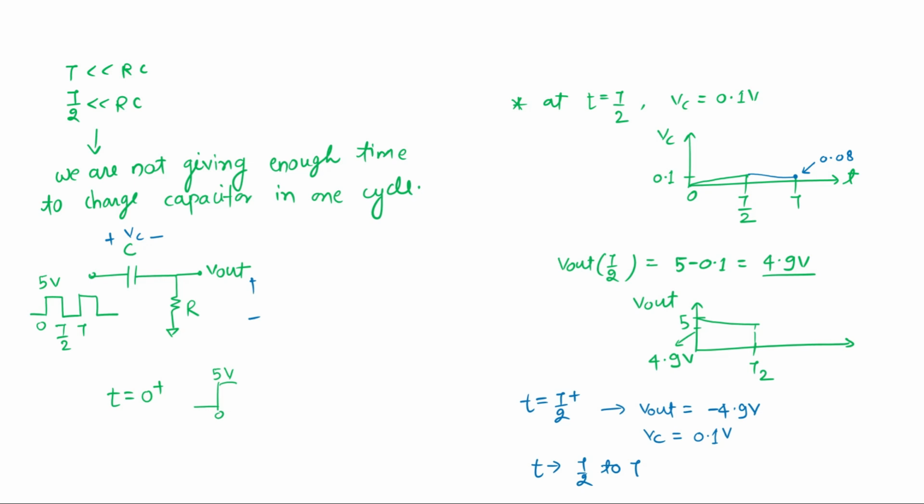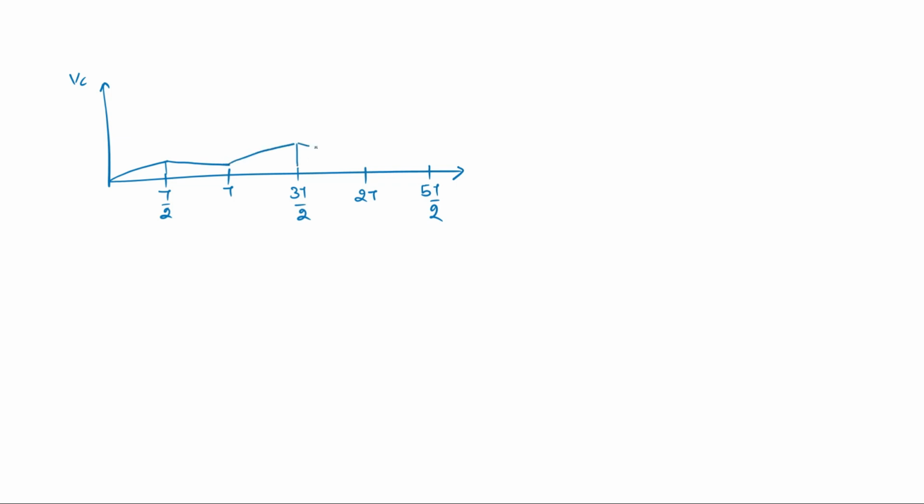So when you repeat the analysis for a long time, I'm giving some rough numbers for VC. Let this be T/2, T, 3T/2, 2T, 5T/2, and so on. Let my capacitor reach 0.1 volt, then discharge to some value, again reach some higher value, some lower value. This way my capacitor voltage is slowly trying to reach its steady state value.